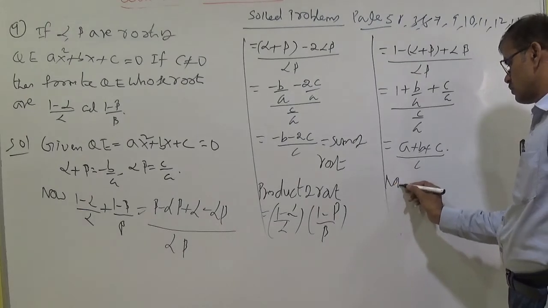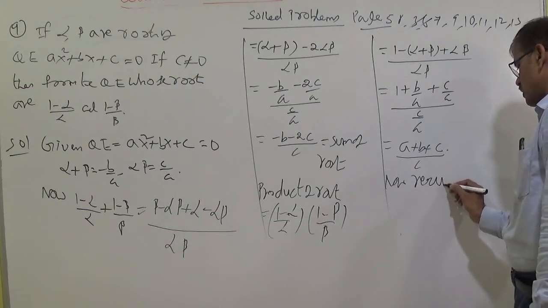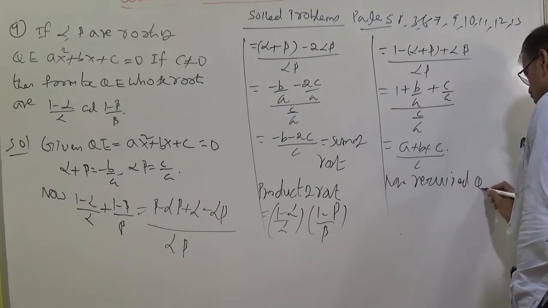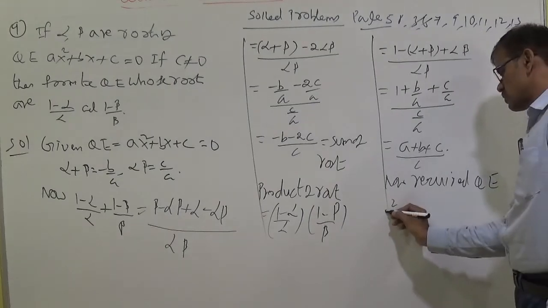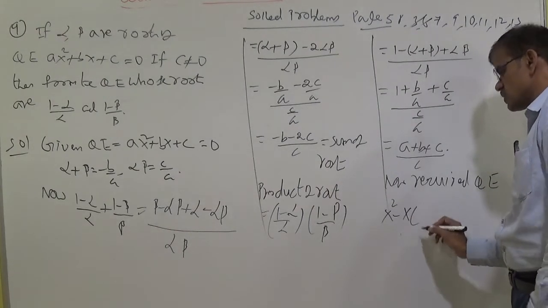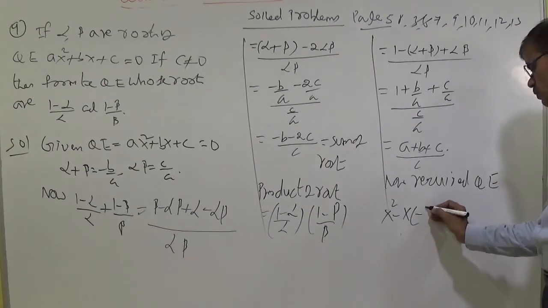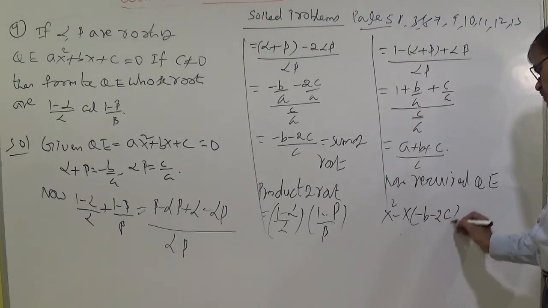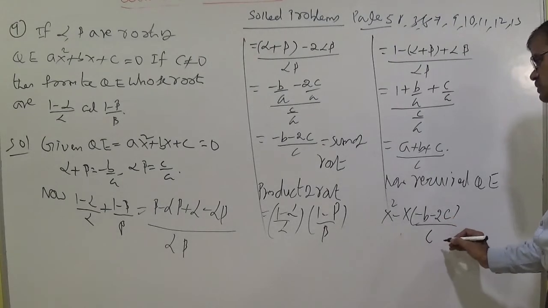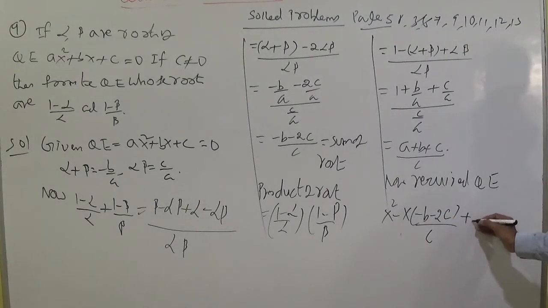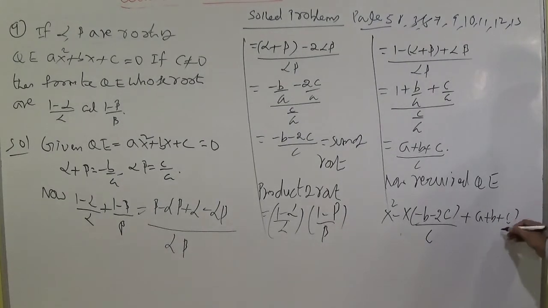Now the required quadratic equation is x square minus x into the sum of roots, so minus of (minus b minus 2c) by c, plus the product of roots, (a plus b plus c) whole by c, is equal to 0.